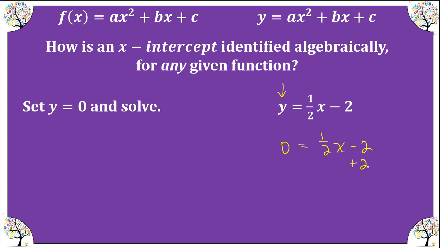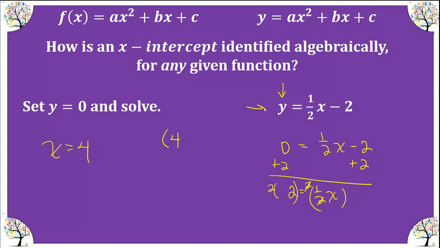So we're going to isolate x. Now we're going to multiply by the reciprocal, and x is going to equal 4.